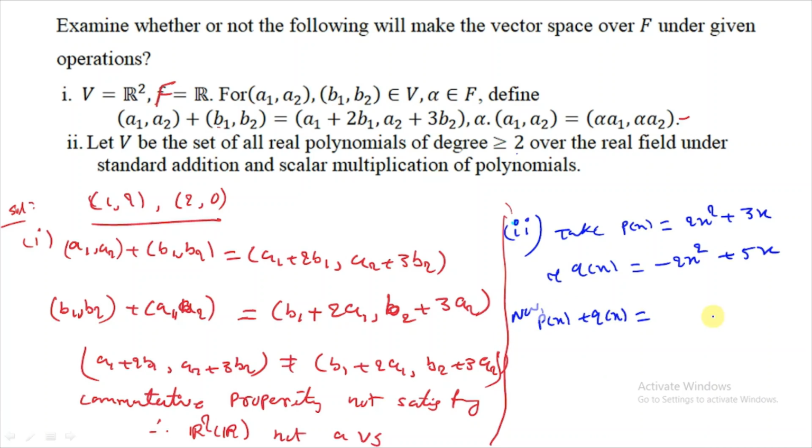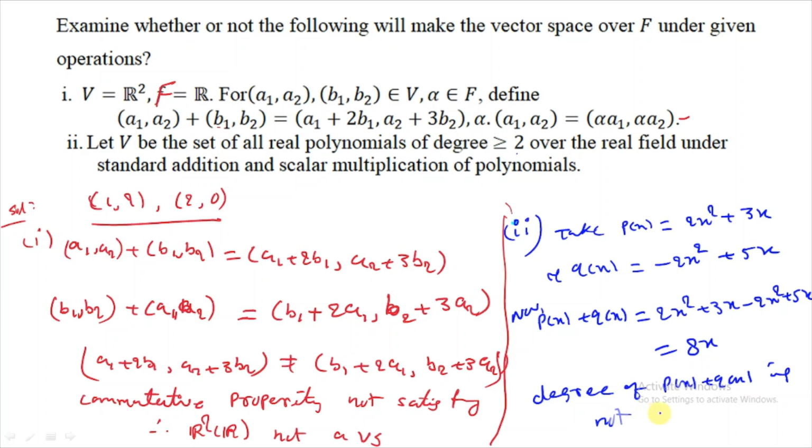P of x plus Q of x equals 2x square plus 3x minus 2x square plus 5x. 2x square minus 2x square is 0, and 3x plus 5x is 8x. But the degree of this is 1, it's not 2 or more. The degree of P of x plus Q of x is not greater than or equal to 2.